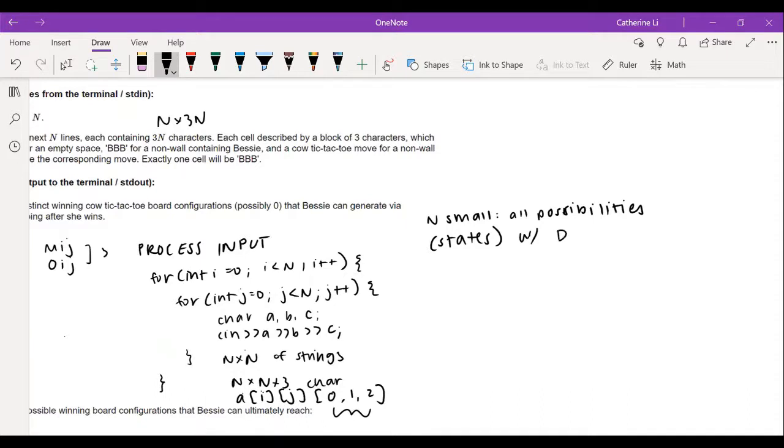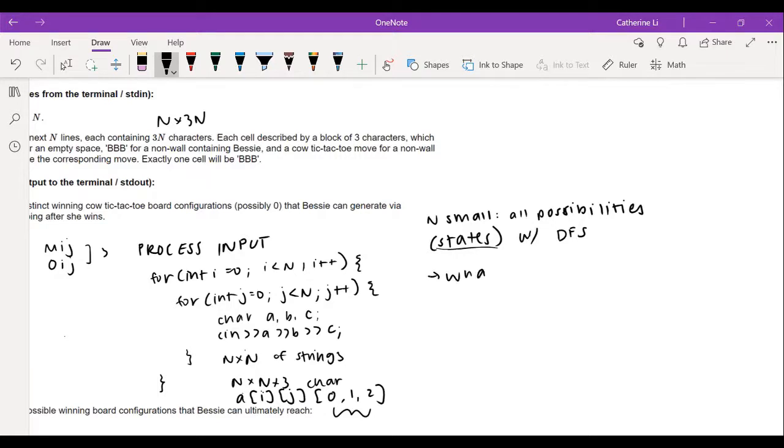So we're going to use DFS. I believe that BFS should work too, but DFS is generally easier to implement. But yeah, so basically we're going to go through all the different possibilities, and we have to figure out what the states that we're traversing between are.